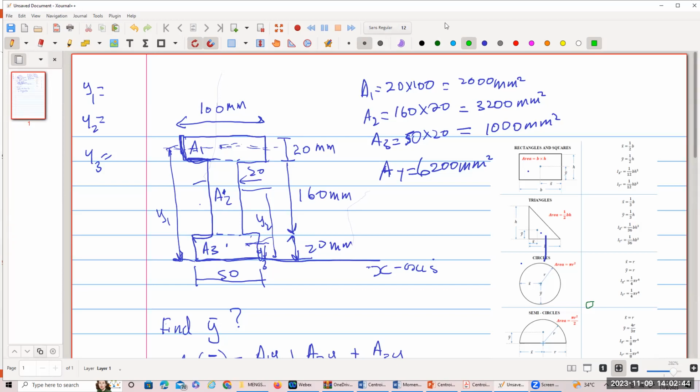I want this distance from y1 to the center of that figure right there. And I want this one also, from the datum point. The datum point is down here, the x-axis. I want all three of them: y1, y2, and y3.